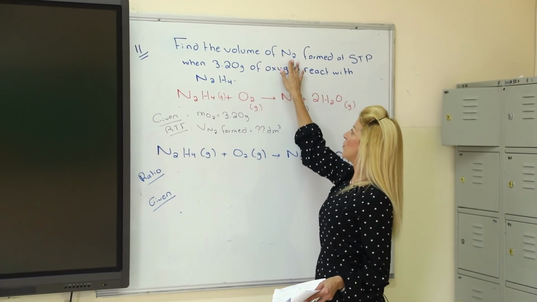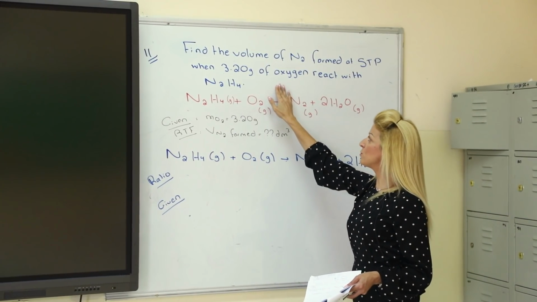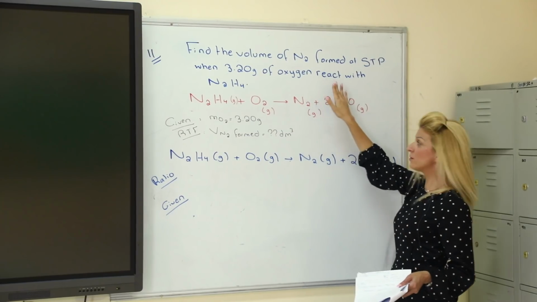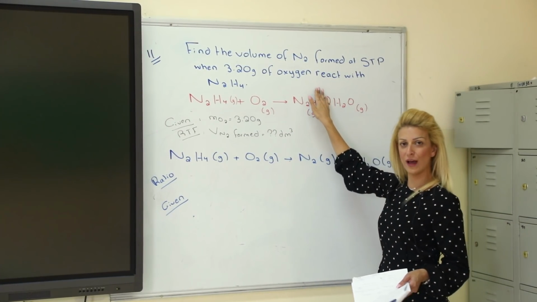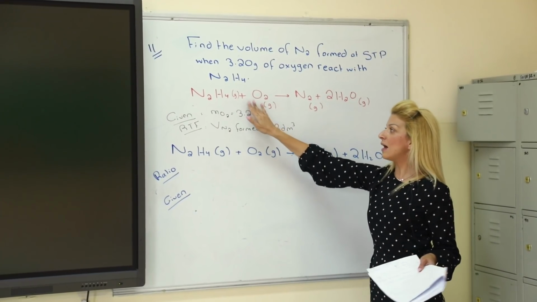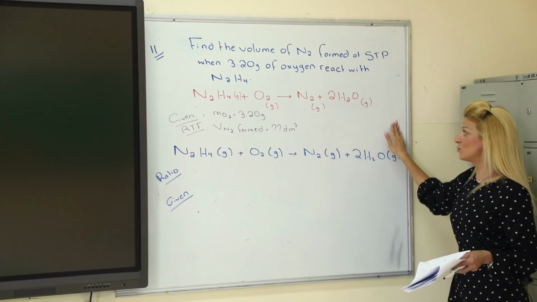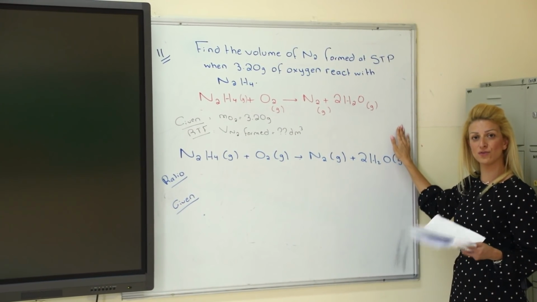Find the volume of N2 formed at STP when 3.20 grams of oxygen reacts with N2H4. The reaction is given below and balanced. N2H4 gas plus O2 gas gives N2 gas plus 2H2O gas.